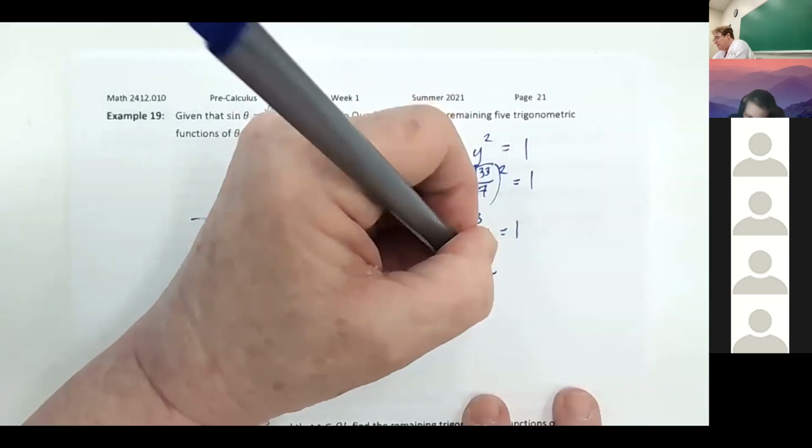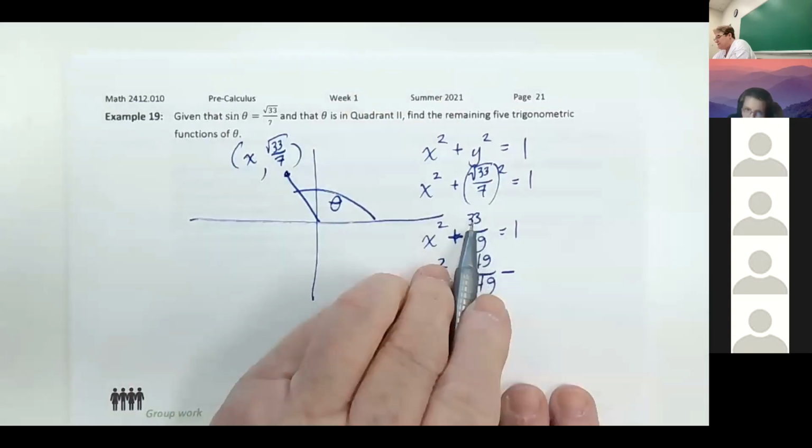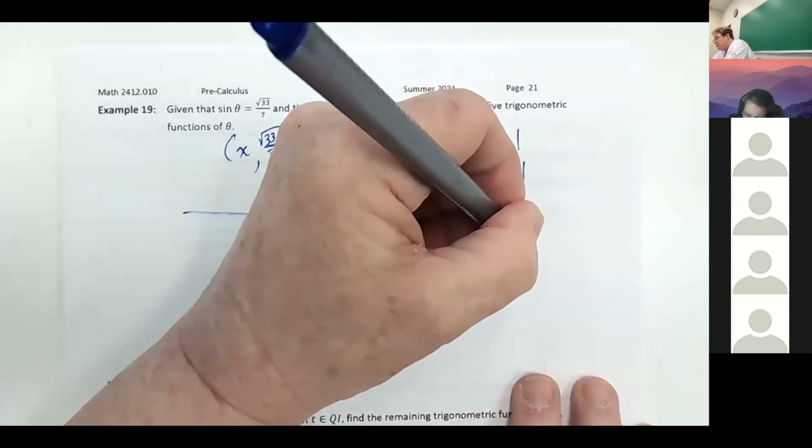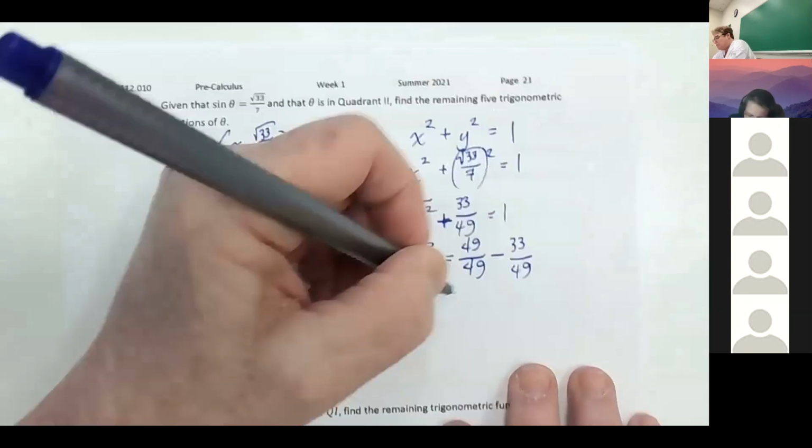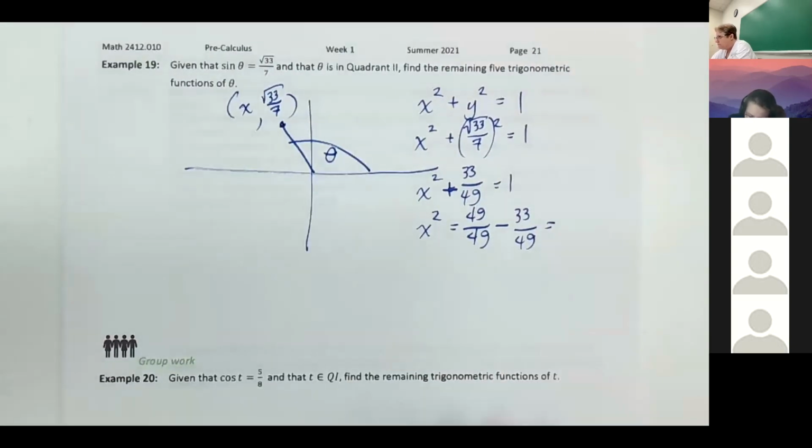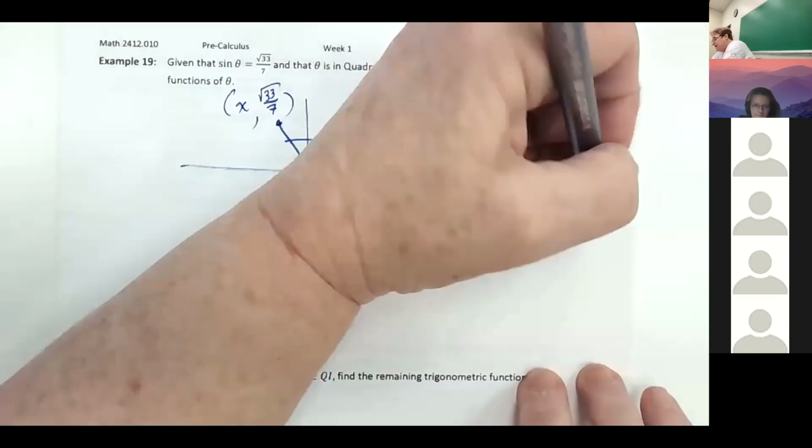Can I do that? And subtract 33 over 49. And what do we get? 16 over 49. Perfect.